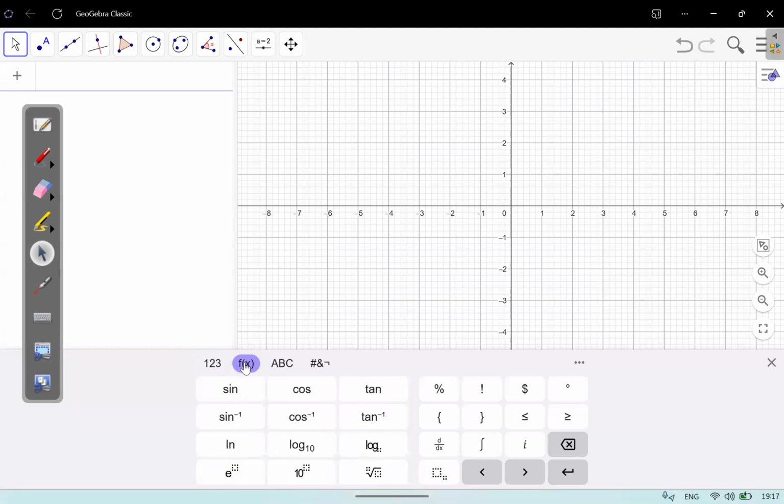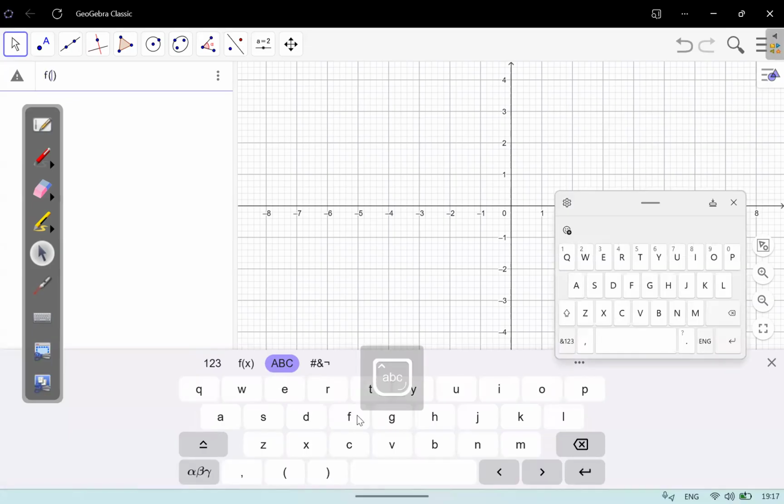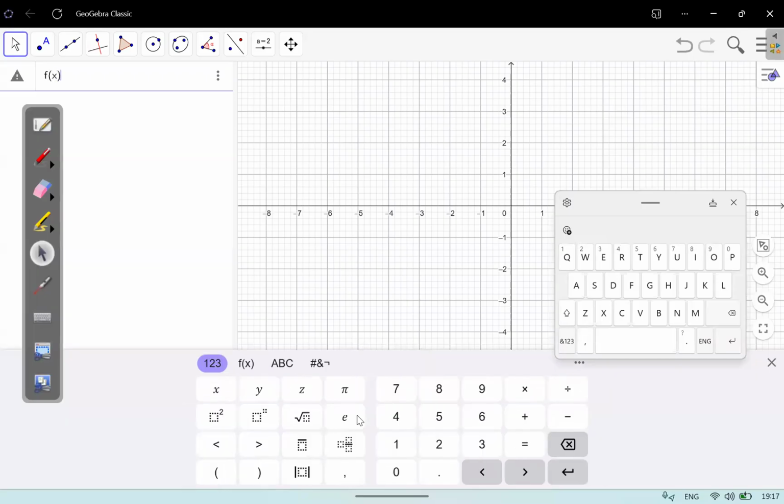So I'm going to start by typing in a function, f of x. So let's call this one f of x. And we want this to be a cubic function. So I'm going to create one here, and I hope I create a good one. So 2x cubed minus 3x squared plus 4x.